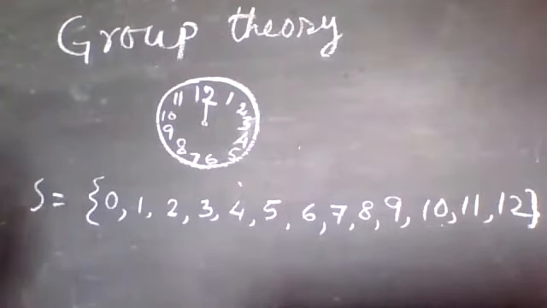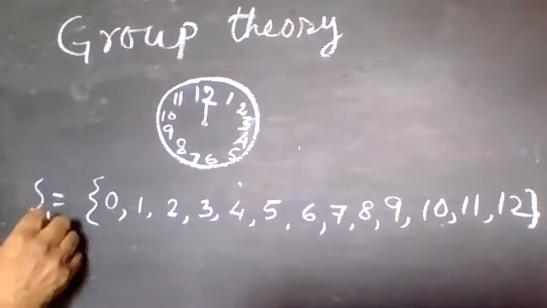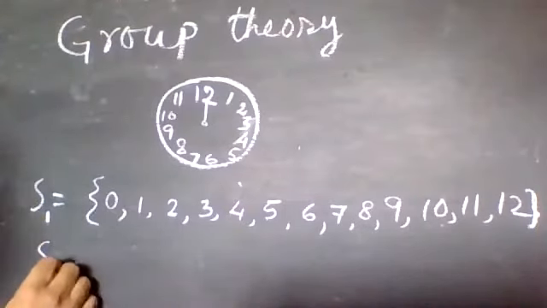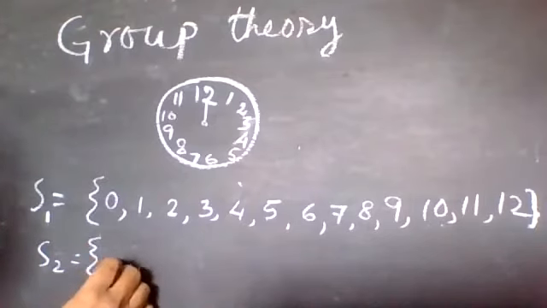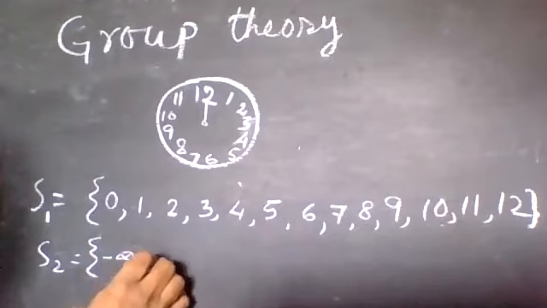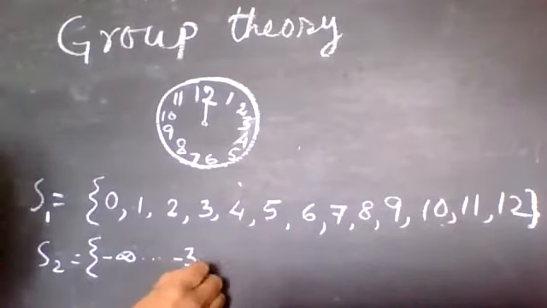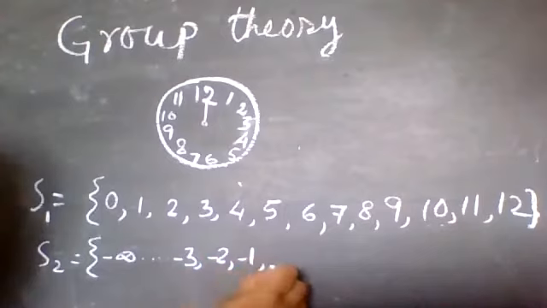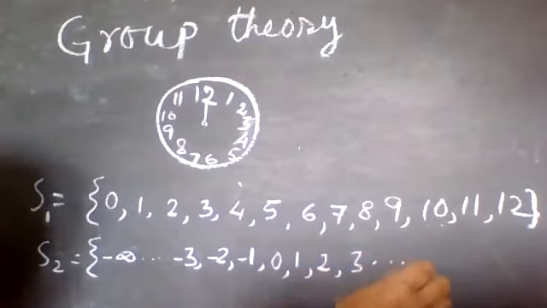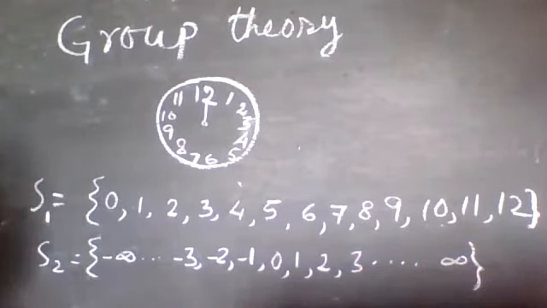We may also talk about the set of integers from minus infinity to minus 3, minus 2, minus 1, 0, 1, 2, 3, up to infinity. The set of all integers. Now we will say that some special sets are groups.